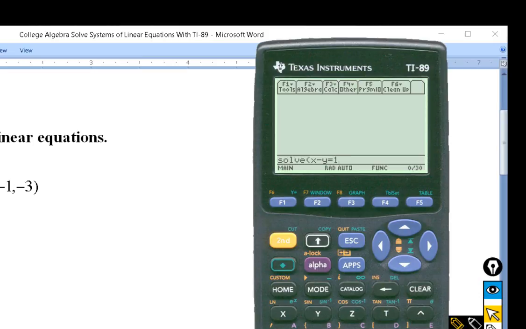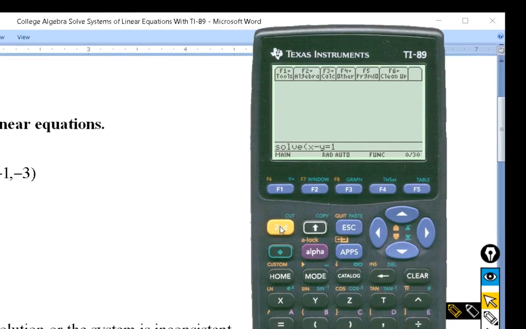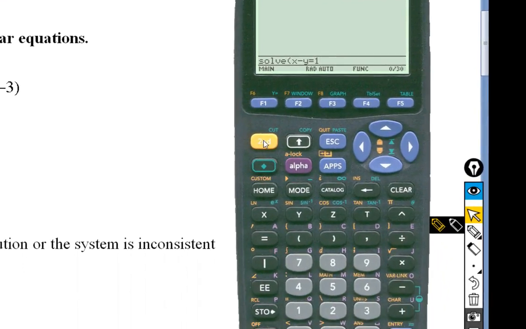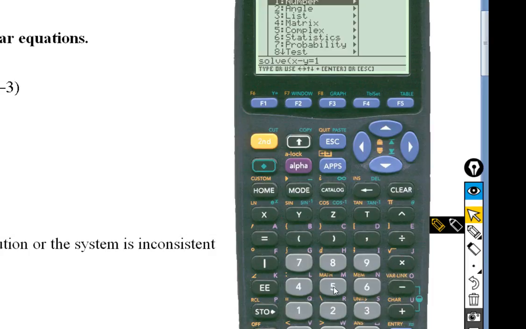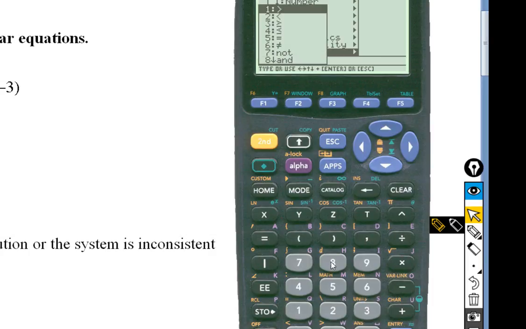Then again, same procedure. We need the word and between the equations. So second, and then hit 5. We're accessing the math menu in yellow there. And then number 8, hit 8. And then 8 again to access the word and.